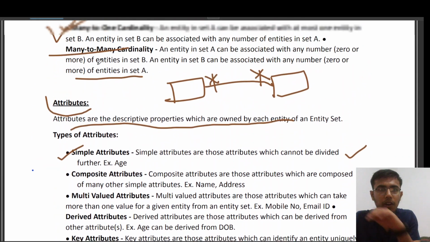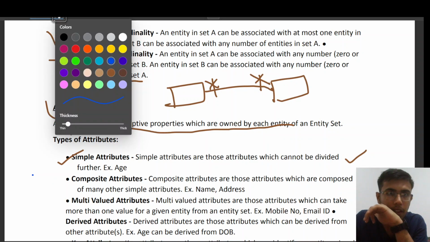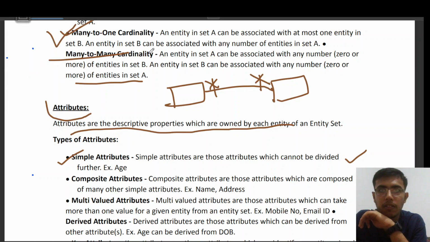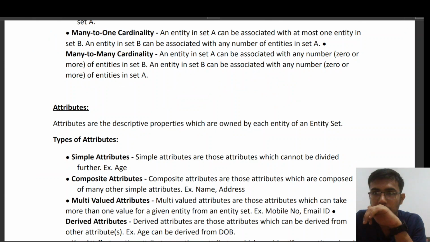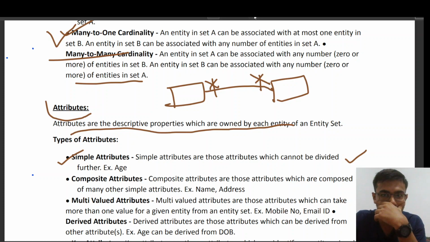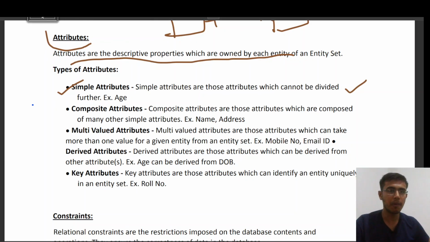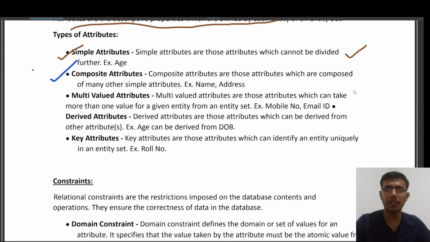So those which you can derive, what do we call them? Composite attributes are those which can be composed of many other simple attributes, like name and address. Multi-valued attributes are those which can take more than one value.